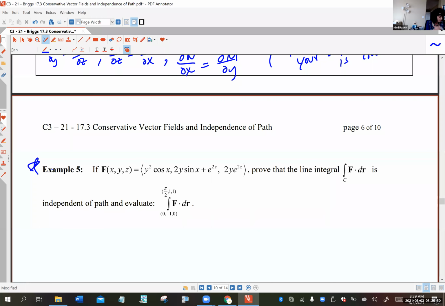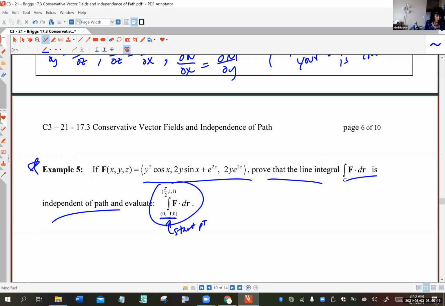We'll do this example first, though, example 5. So here is a vector field, and we're going to prove that this line integral is independent of path. How? Well, from that previous theorem, we just have to show that the vector field is conservative, and we'll show that the line integral is independent of path. Fine. Then what? We'll actually evaluate the line integral where the starting point is (0, -1, 0), and the ending point is (pi/2, 1, 1).